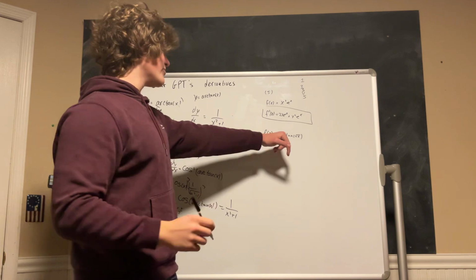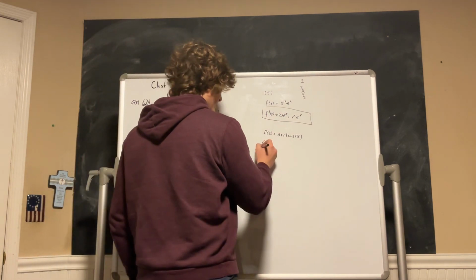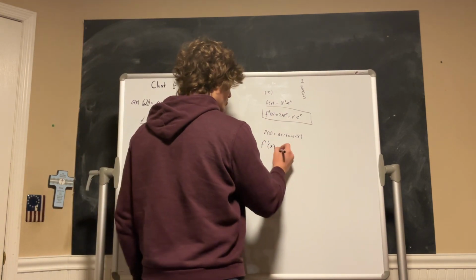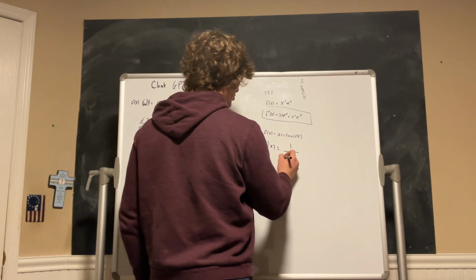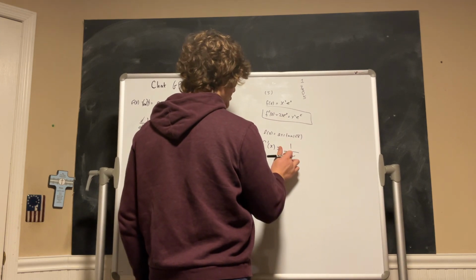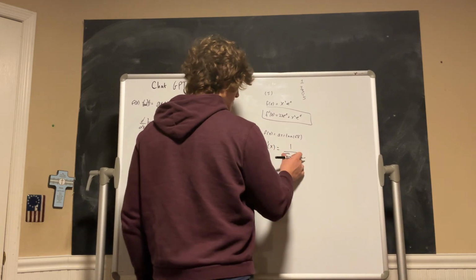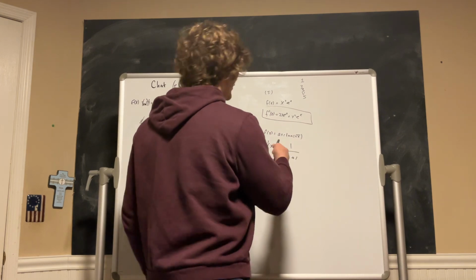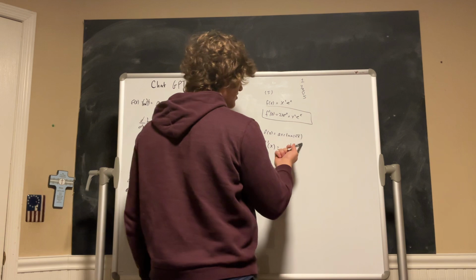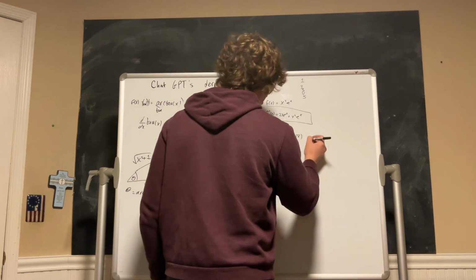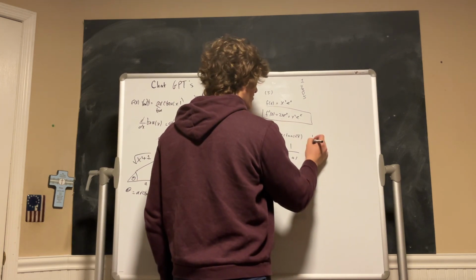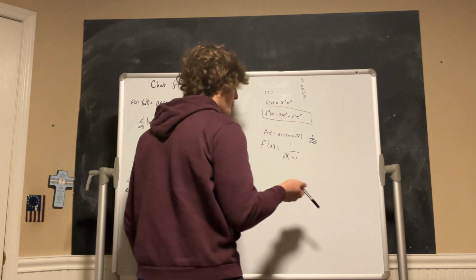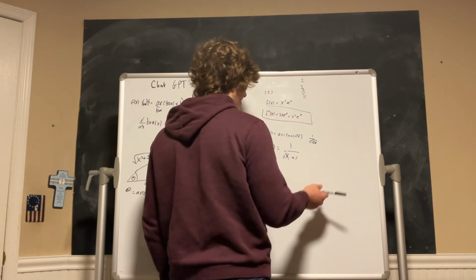Now we have a chain rule still. So we have f prime of x is equal to 1 divided by the square root of x squared, so these just cancel, plus 1, and then we have to multiply that by the derivative of the square root of x, which is just 1 over 2 radical x.